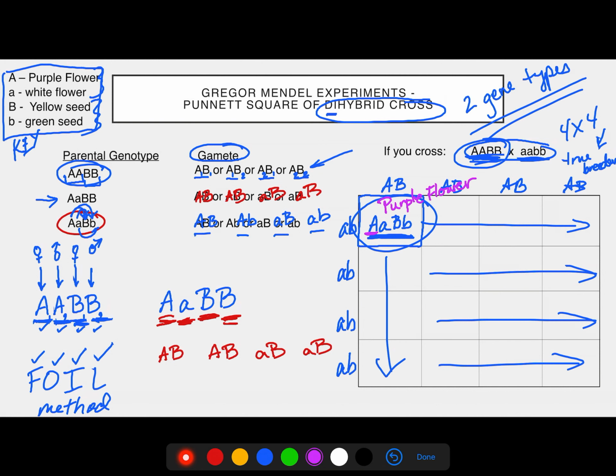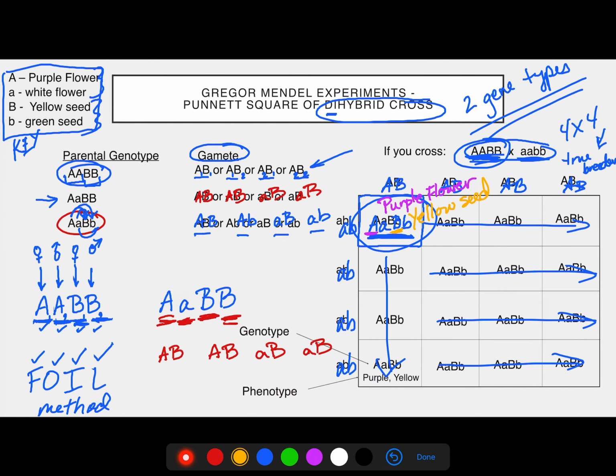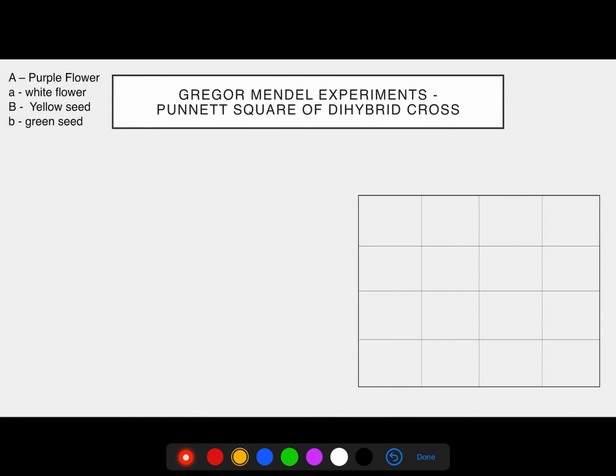It's not present. And then you will have yellow seeds. Why? Because you have a yellow seed allele, even though there is a green one. Every single one of those offspring will be that. So I go through a little bit underneath there.